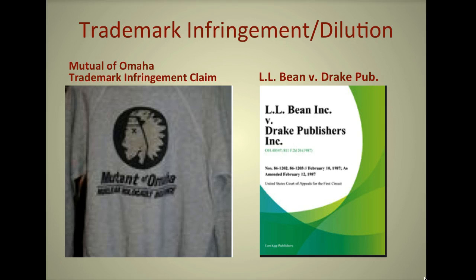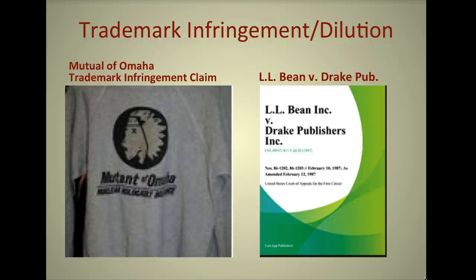Mutual of Omaha, starting with the one on the left, is a company in Omaha that sells all kinds of insurance products. Novak created this t-shirt as a commentary, just in general, not just on Mutual of Omaha per se, but a commentary on our society.